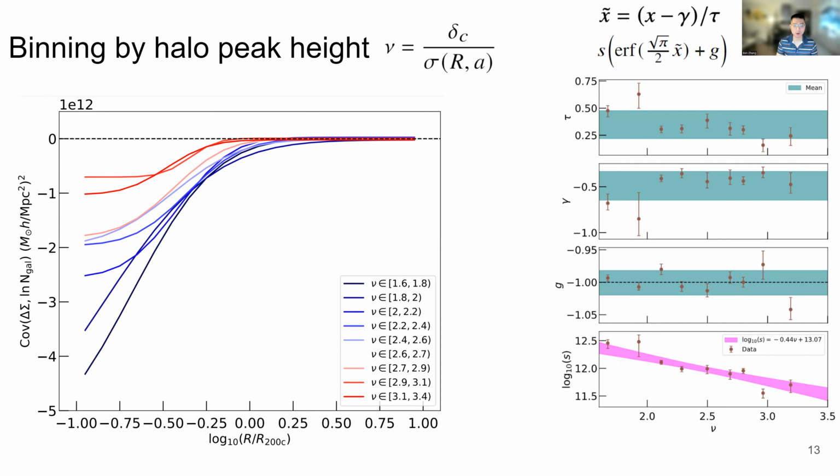G in most bins is consistent with -1. However, we find a strong dependence between s, the scale of the covariance, and the peak height, which we model as a log linear relation. This shows the size of the covariance is largely dependent on the formation history of the cluster.